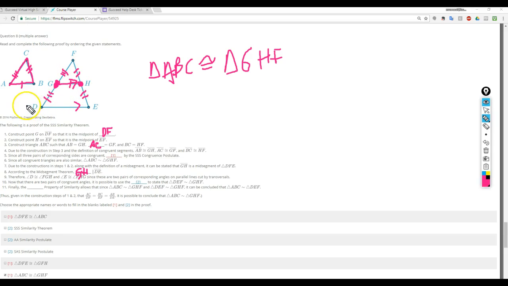So how? Let's see if we extend these lines, and there's our parallel lines, and here's our transversal. Since they're talking about a point F, I'm going to go along the transversal right here first from F to D, since they talked about point F and angle D. So now we have two parallel lines with a transversal that cuts it.